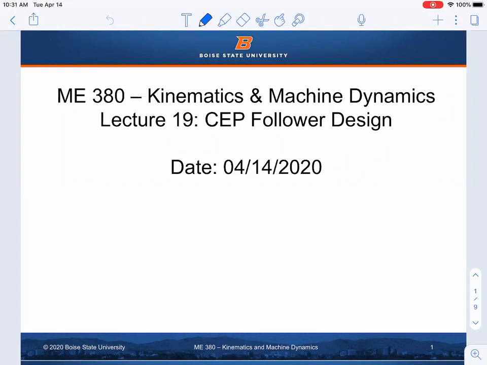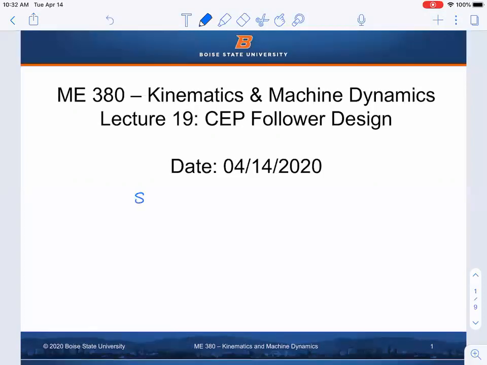All right, so CEP. First thing is, what is the purpose? What is our objective when we talk about CEP design? In the previous lecture, we mentioned 4 different things: S, V, A, and J. So displacement, velocity, acceleration, and jerk. They are the motion of followers. So we used 4 diagrams to describe the motion of your follower.